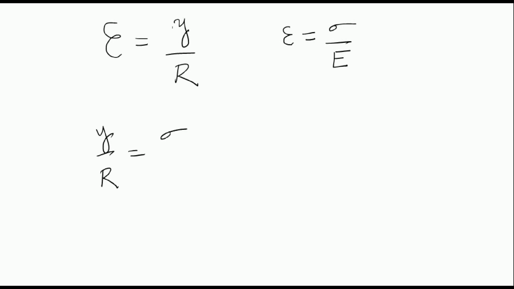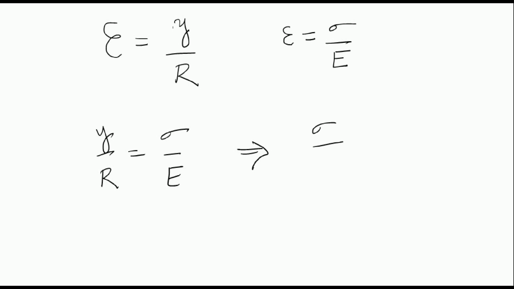So what this boils down to is your strain is Y by R. We know strain is stress by Young's modulus E. So now equating these two, you have Y by R equals sigma by E. Now R is a constant and E is a constant, so let us write both constants on one side.